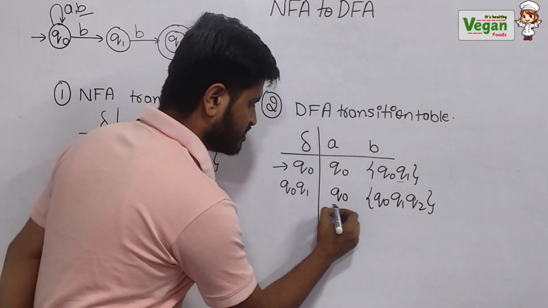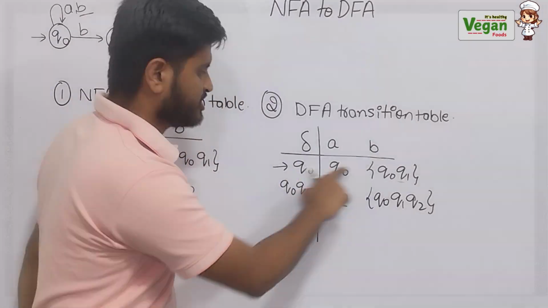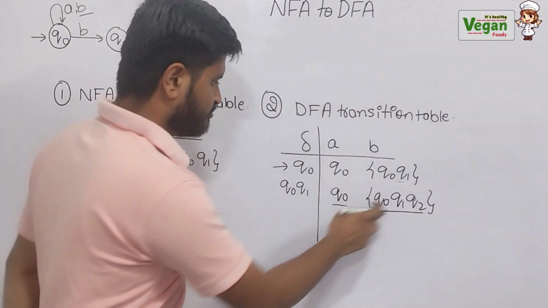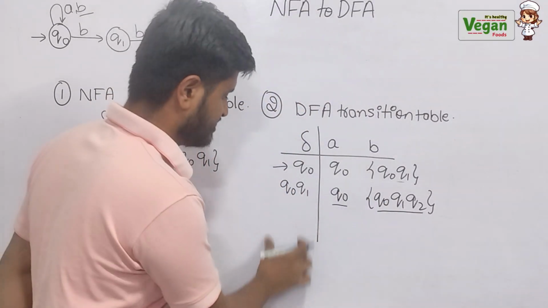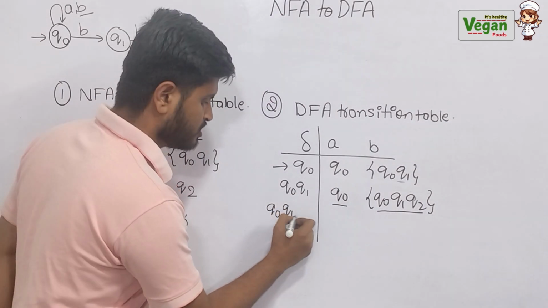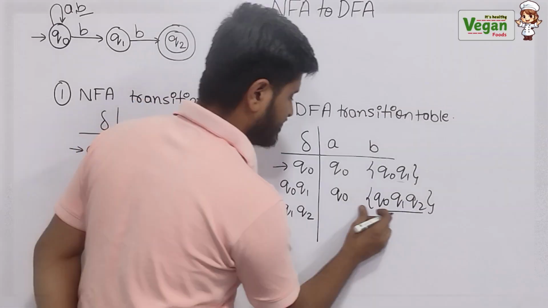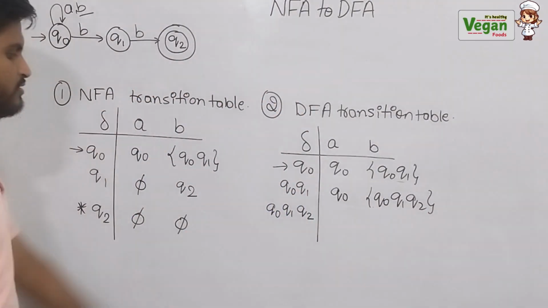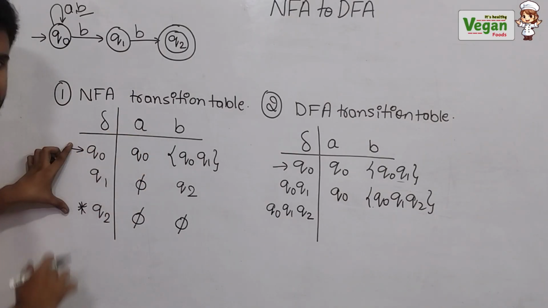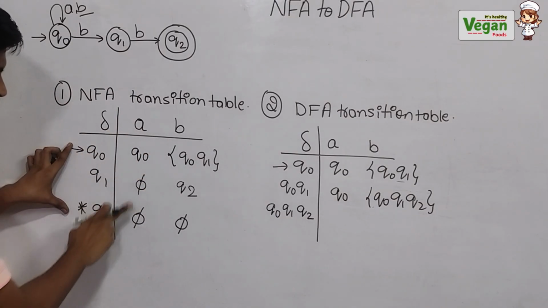Now if you see, Q0's transitions are written. Q0, Q1, Q2 is my new state, but its transition is not written. See the left hand side. So it is not written. So write them here. Q0, Q1 and Q2, and write their transition. So Q0, Q1, Q2, all of them you must see. When A is given, they are moving to Q0, phi and phi.